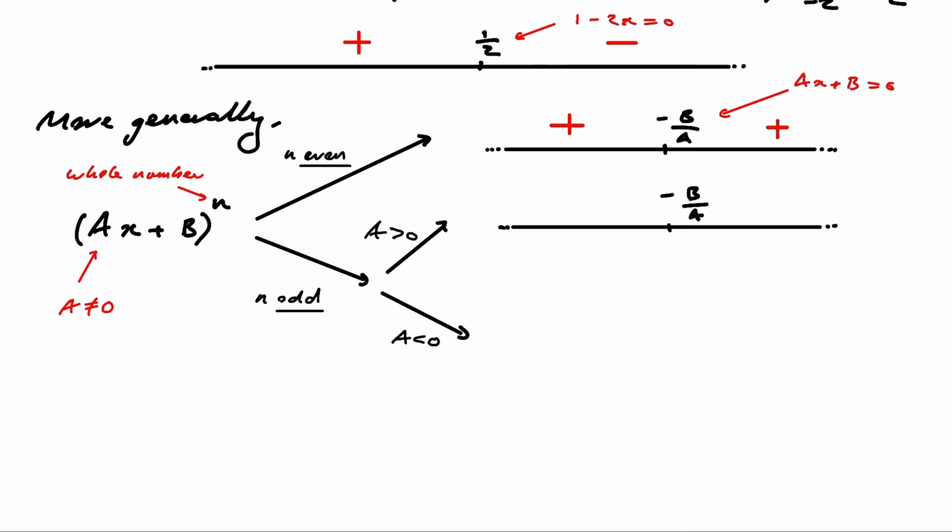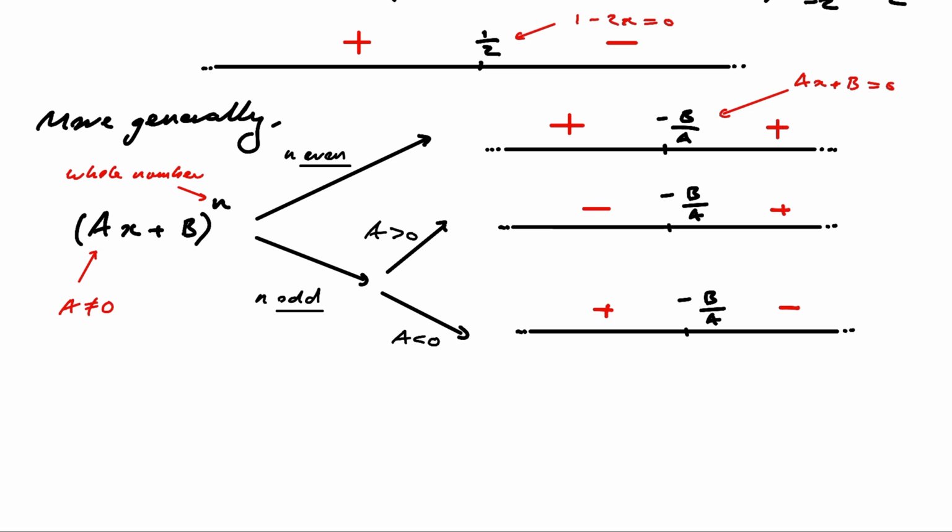So you are negative on this side and positive on this side. And again, this is because ax plus b is, for example, negative here. But then if I raise it to an odd power, it's negative. Minus 1 to the power 3 is minus 1, so negative. And then finally, we've got basically the same thing for negative, except it's flipped, just like in our second example. Exactly the same basic idea.